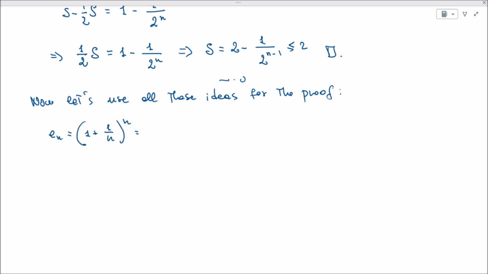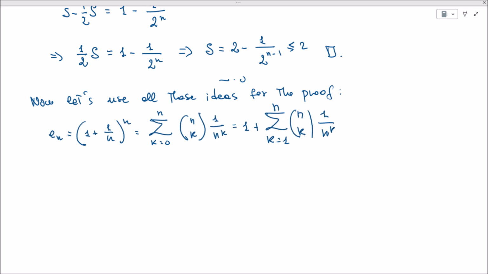This, of course, can be expressed by using Newton's binomial formula as the sum k goes from 0 to n of n choose k of 1 over n to the k. And isolating the first term for k equal 0, we have 1 plus the sum k goes from 1 to n of n choose k, 1 over n to the k.